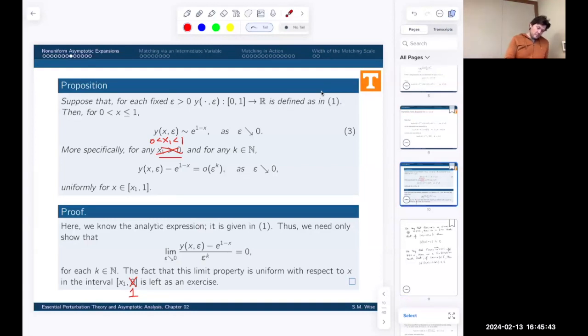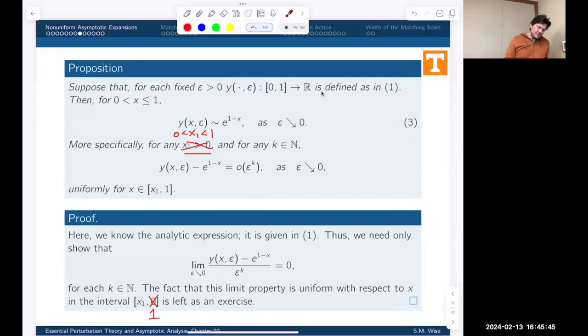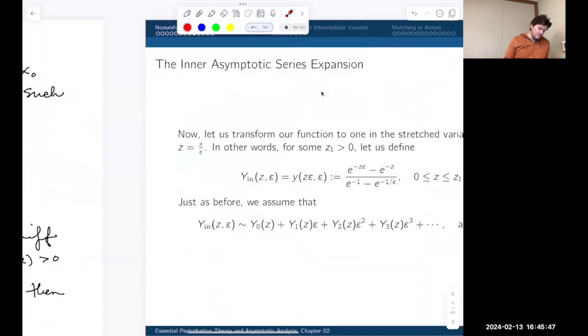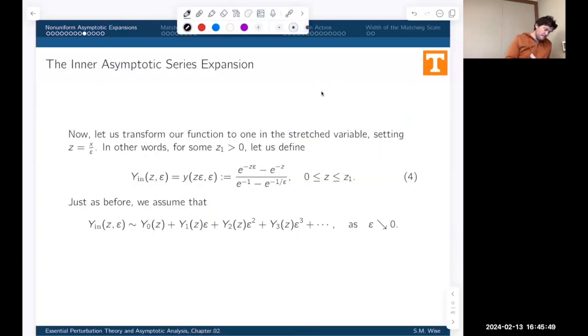All right. I apologize that I stumbled through that, but we eventually got there. Now, that takes care of what we call the outer expansion, the expansion away from the boundary layer. But what happens if you want to know what happens in the boundary layer?